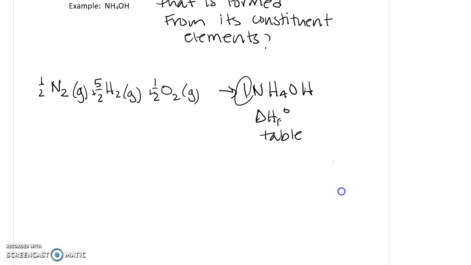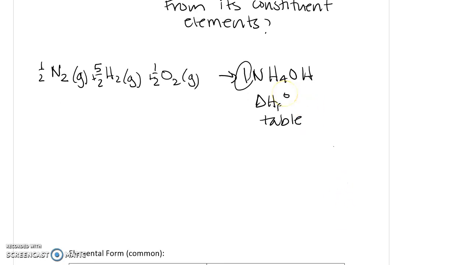Again, what I want to point out is we could look up our delta H of formation for ammonium hydroxide in a table, but we already know our delta H's of formation for our constituent elements, and that would have to be 0, right? In its elemental form, we have nitrogen as N2, so that would be 0.